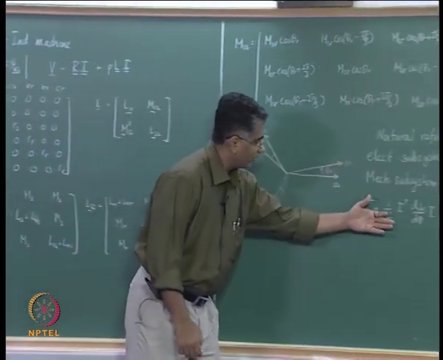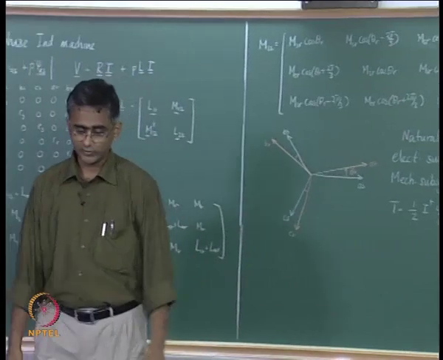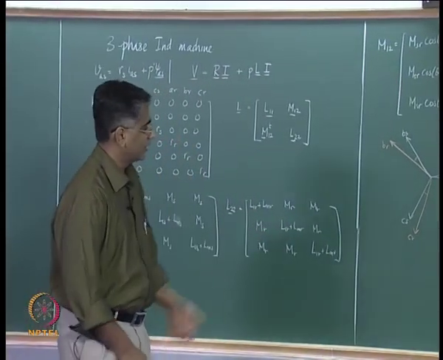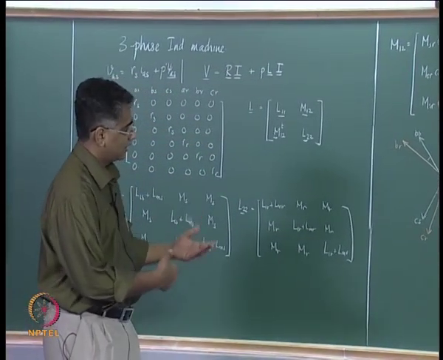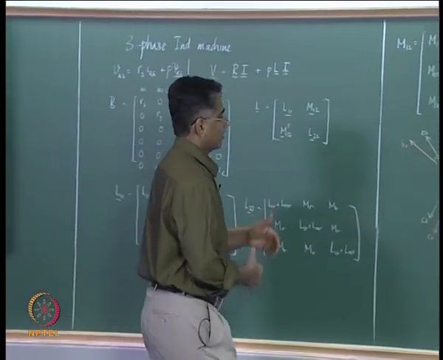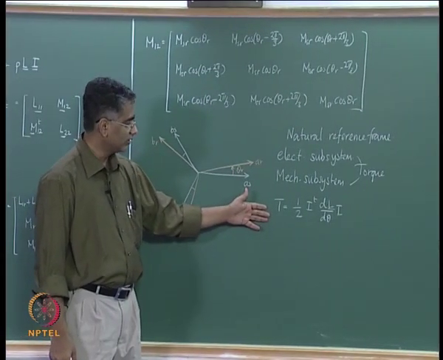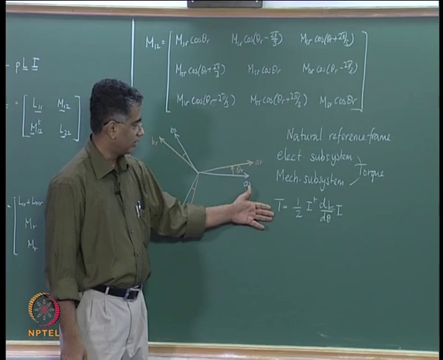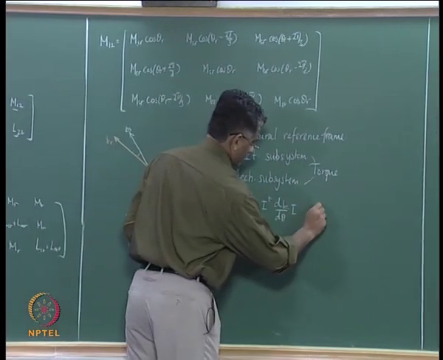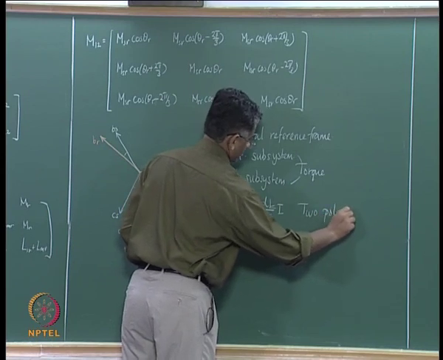Now, if you evaluate this expression, it will come to a fairly lengthy expression. One can do that if it is required, but as of now we do not need that expression, we will proceed further. This expression for the torque is then for what is called a two-pole induction machine, two-pole machine.